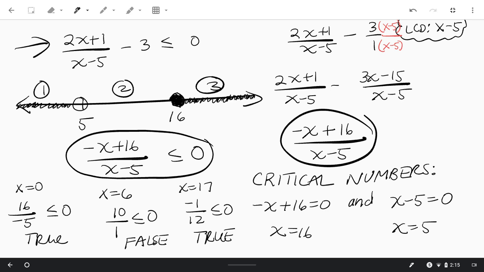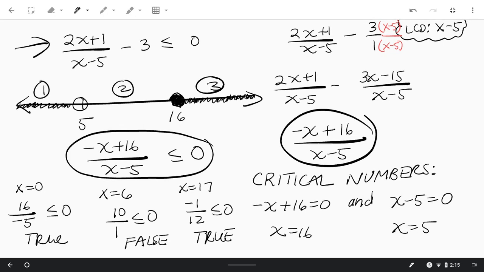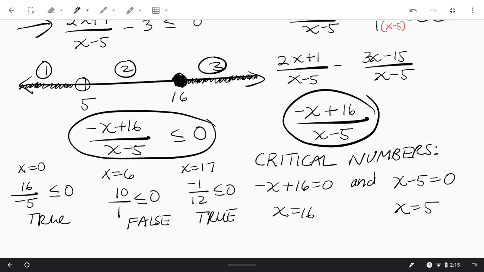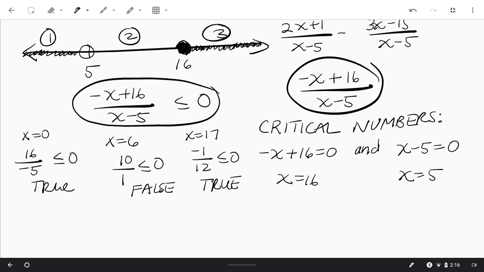Okay, so we see we have this split region. Okay, so let me show you how to write that in set notation. So this region 1 goes from all the way forever to the left, which is negative infinity. So it's negative infinity all the way up to 5, but 5 is not included, so 5 will get a parenthesis, not a bracket.